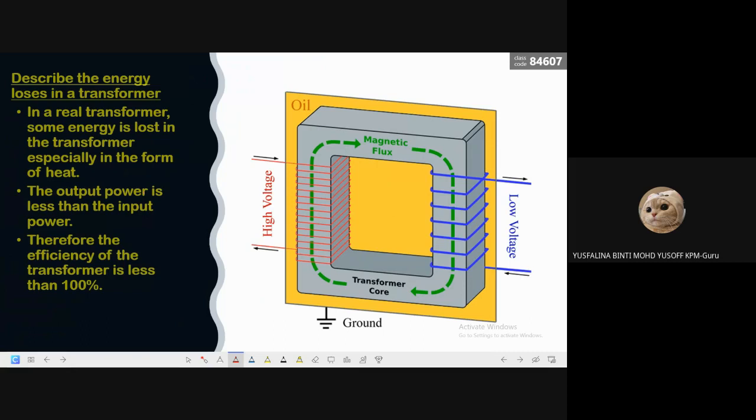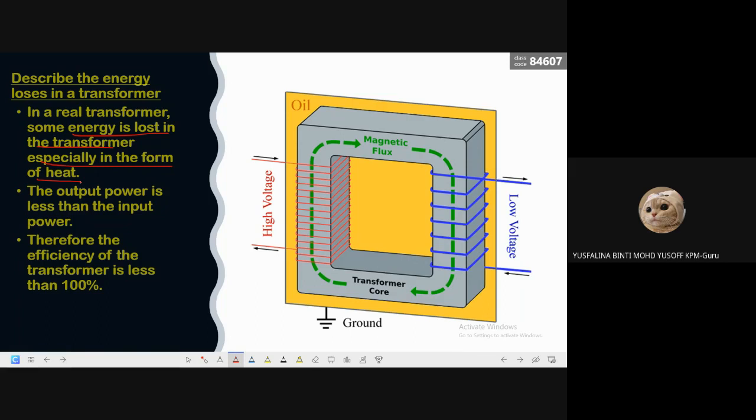In a real transformer, some energy is lost in the transformer, especially in the form of heat. It's actually the same as the electricity experiment we did. You see your connecting wire, if you switch it on too long and didn't switch it off, the connecting wire will become hot.